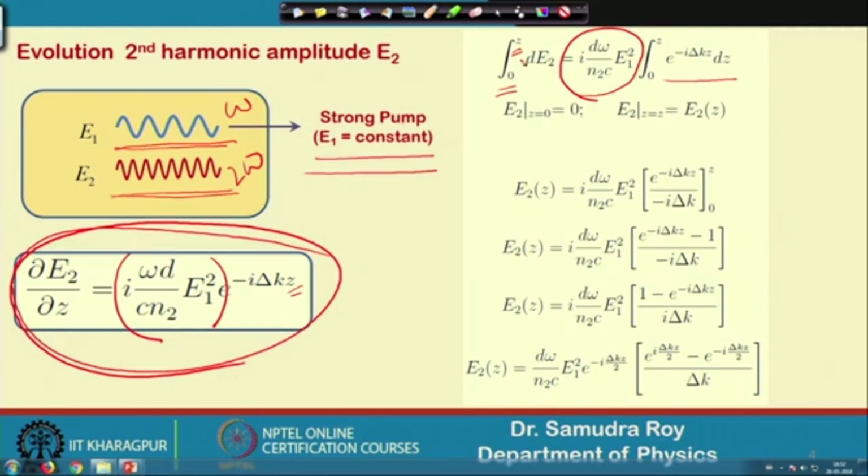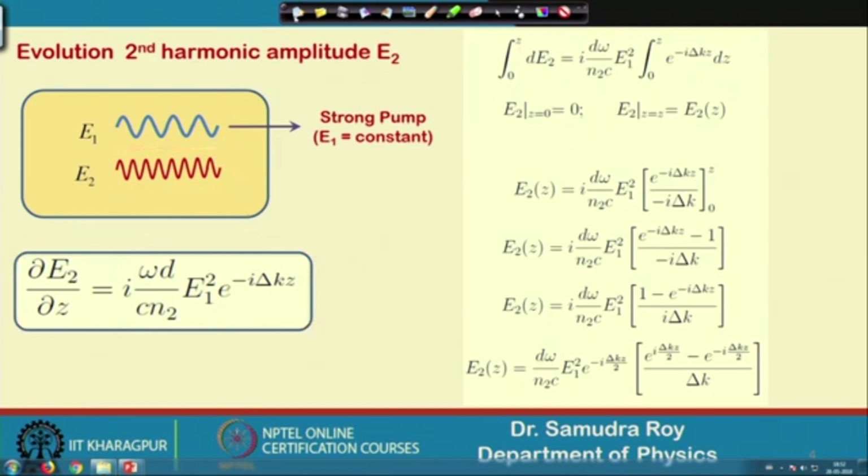When we integrate this differential equation, we need to also consider the boundary condition, and the boundary condition is that there is no E2 at the beginning. That is a quite justified approximation, because if I launch a strong pump E1 here, E2 will be 0 here.